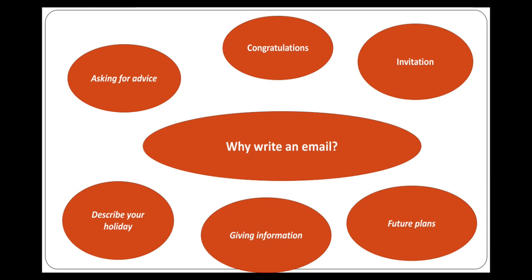And maybe another reason for writing emails is future plans, to discuss or to describe or to share your future plans. For example, what you want to do in 2 years, or what you want to achieve, what are your ambitions, etc.